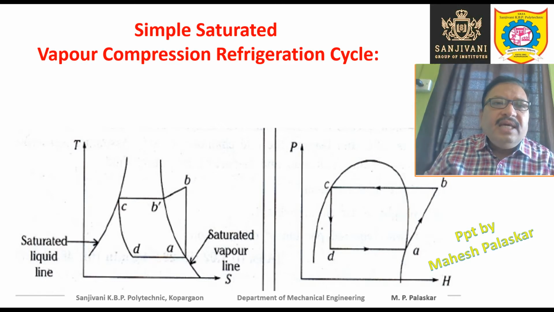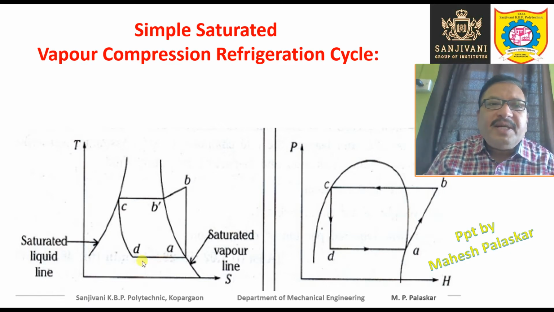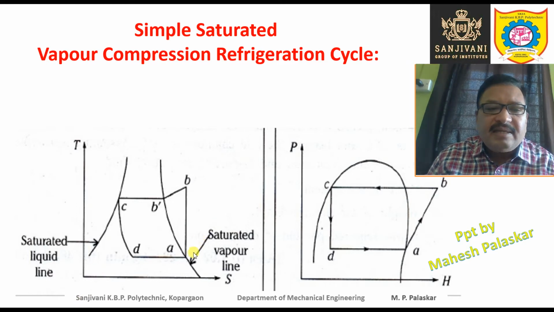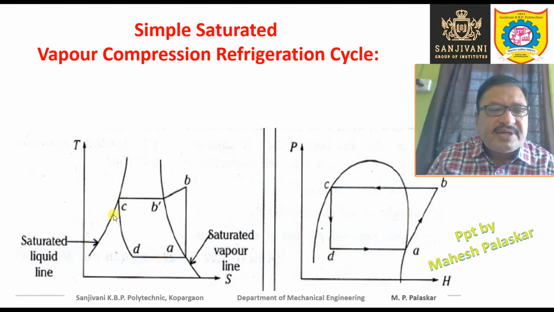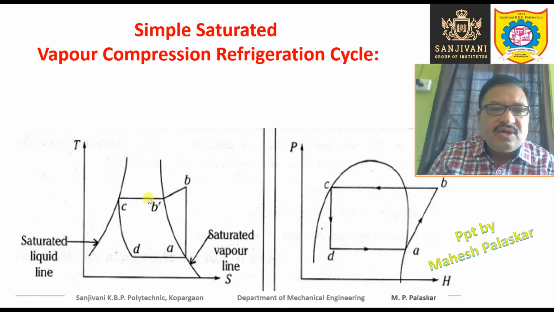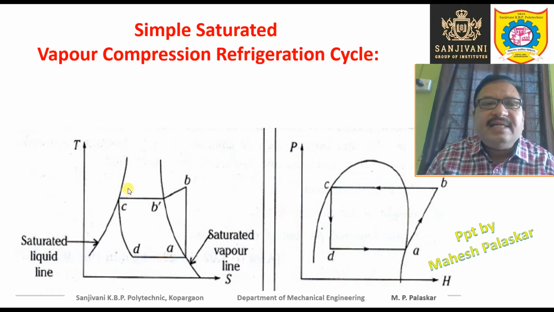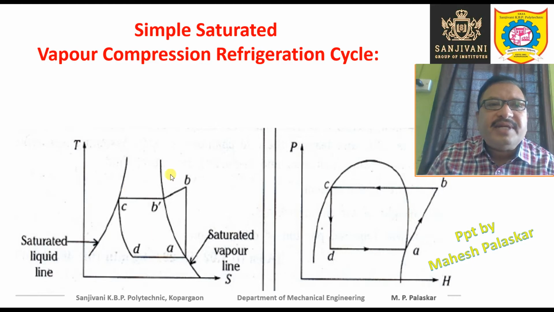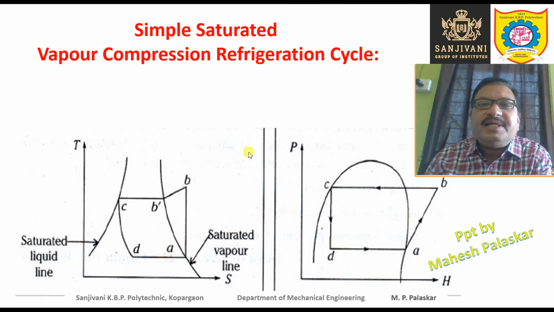So in simple saturated vapor compression refrigeration cycle, point A is lying on the saturated vapor line and point C is lying on the saturated liquid line. So if these two conditions are satisfied, then the cycle is called as the simple saturated vapor compression refrigeration cycle.